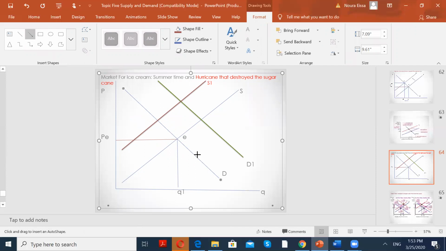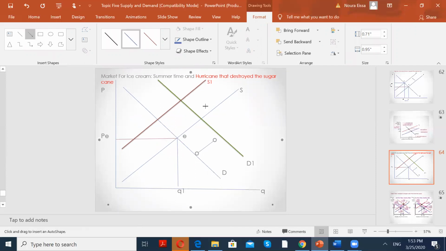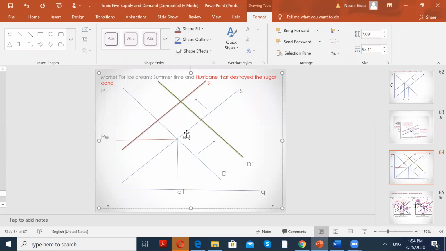So the demand shifts to the right, and your supply has shifted to the left. فين بقى النيو equilibrium في كل ده؟ I still need to show the new equilibrium. It's the new point of intersection between demand and supply. Is it this one? No, it's actually right here. This is your new equilibrium right here.